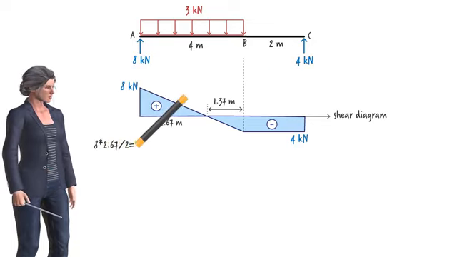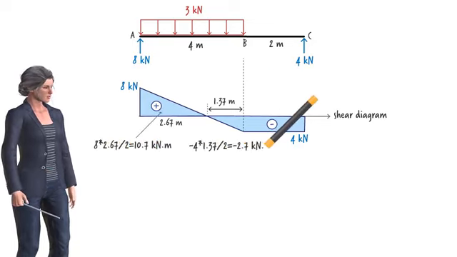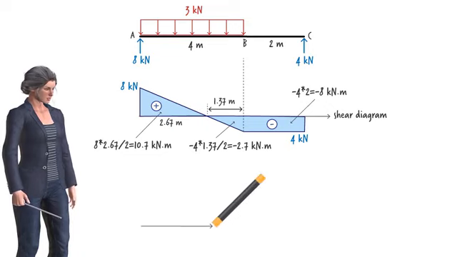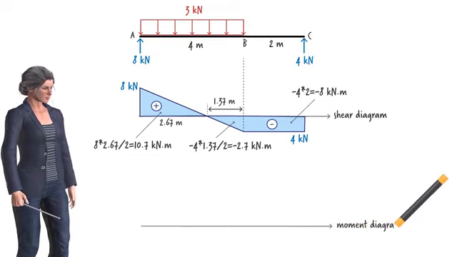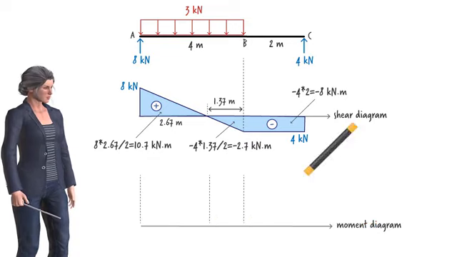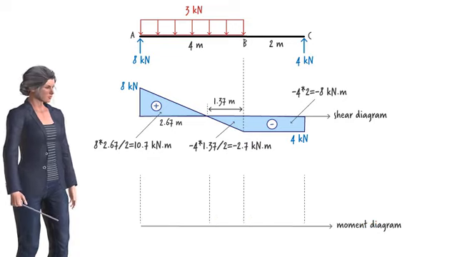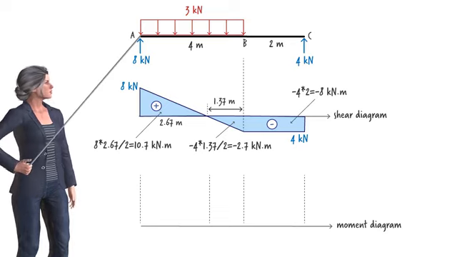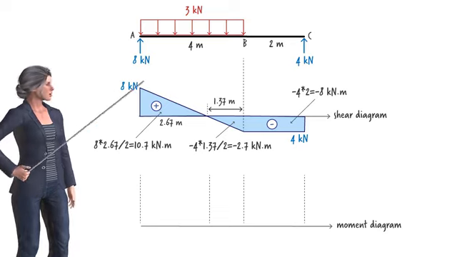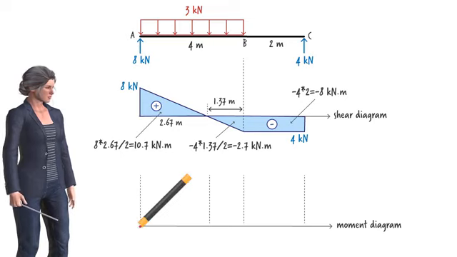Now, we are in a position to calculate the area for each segment of the diagram. To draw the moment diagram, let us start by determining the moment values at 4 specific points, the endpoints of the beam and the 2 interior points at which the diagram changes shape. Since the beam rests on a pin at its left end, the bending moment at A is 0.